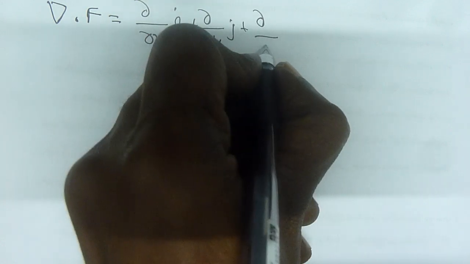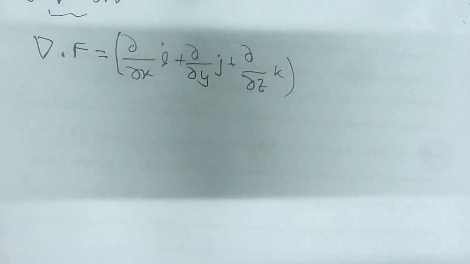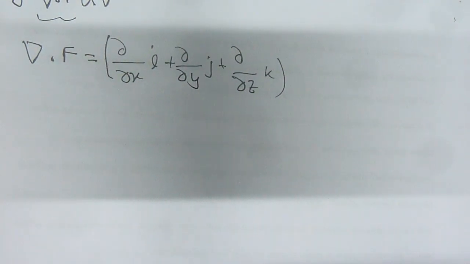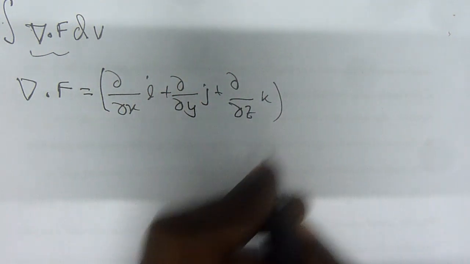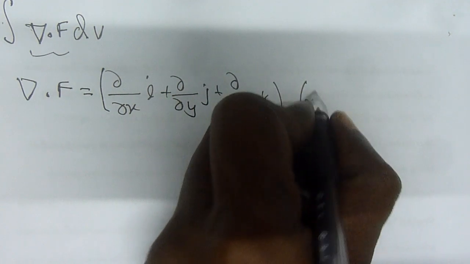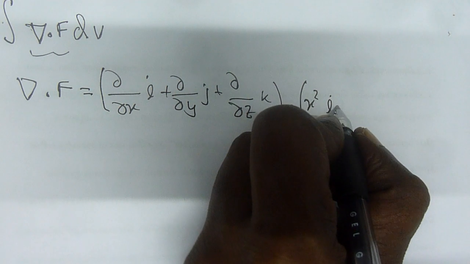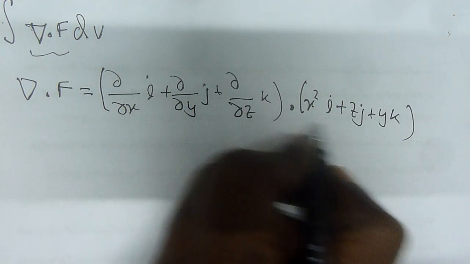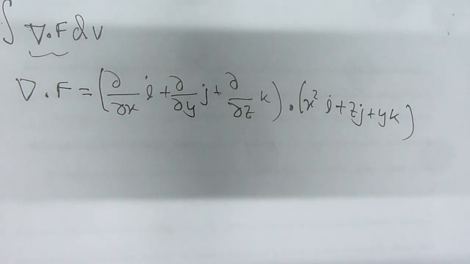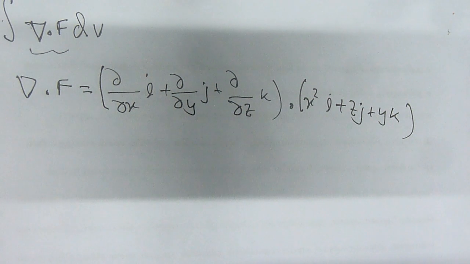Del is the partial derivative in x i, y j, z k, dot product with F equals x squared i, z j, y k.